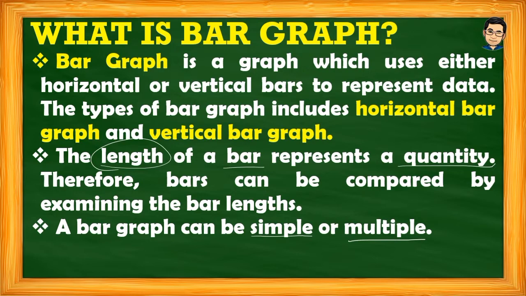Kapag multiple, halimbawa gusto nating ipakita yung mga enrollment data ng mga students sa school, from year 2017 to 2018, 2018 to 2019, kailangan nating gumamit ng multiple bar graph para mas ma-compare natin kung anong year ba yung may pinakamababang enrollment sa grade 7, grade 8.